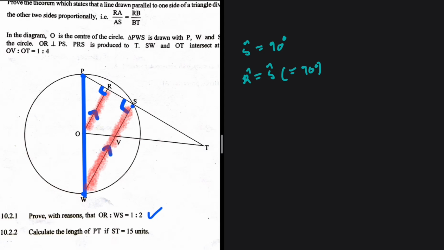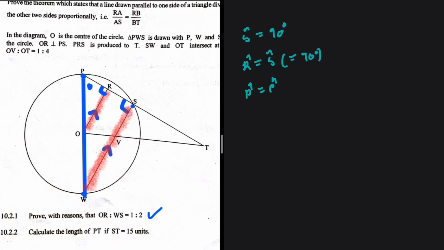In triangles POR and PWS, they share this angle right here. They share angle P, so angle P is equal to angle P. It is a common angle. So the third angle of the two triangles should be equal too.